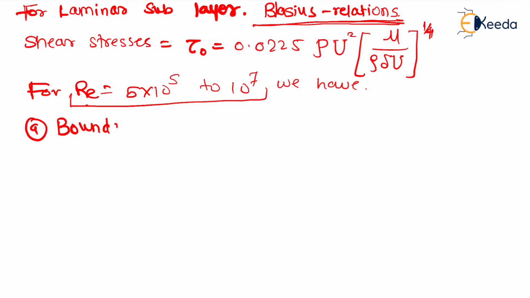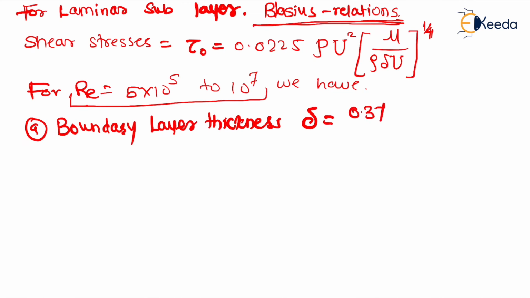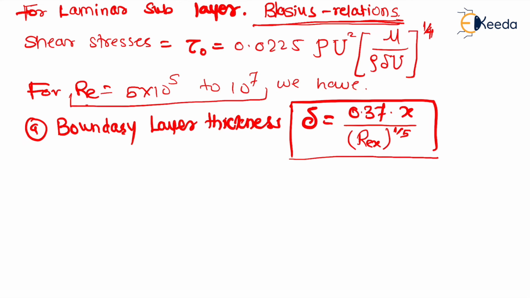Accordingly, the boundary layer thickness delta is equal to 0.372 x upon the Reynolds number at that location to the power 1 upon 5. So we have this derivation to calculate boundary layer thickness according to the Blasius relation.